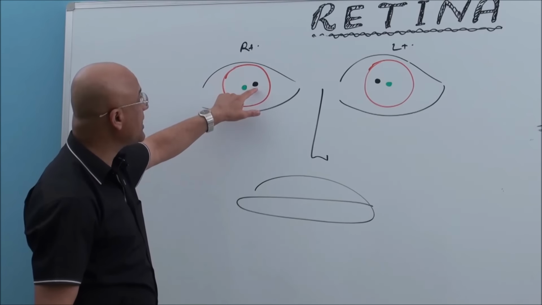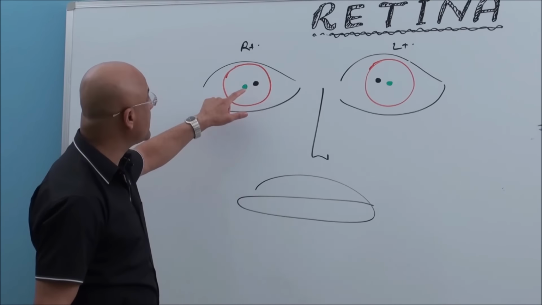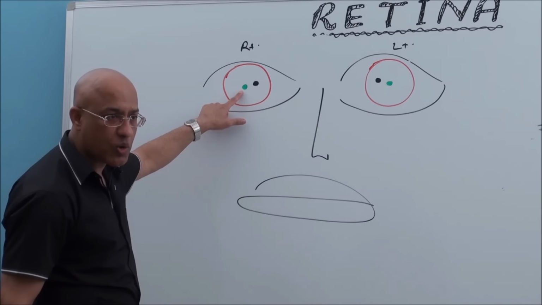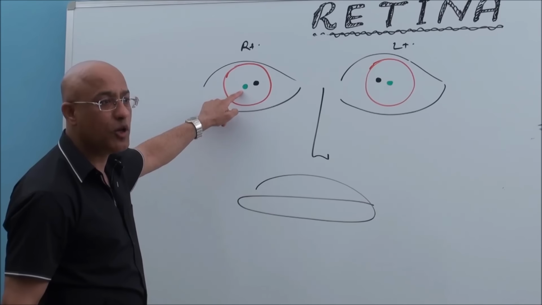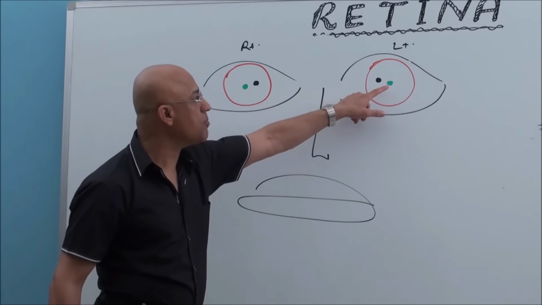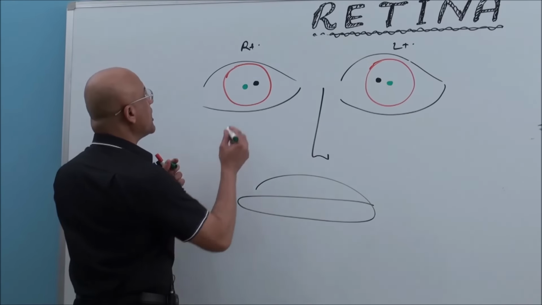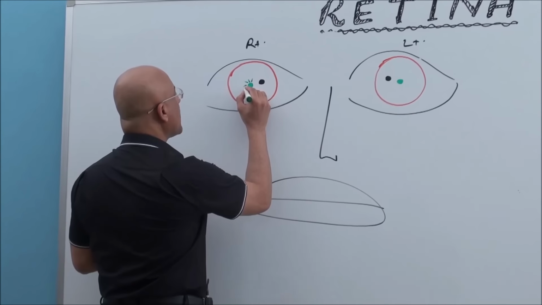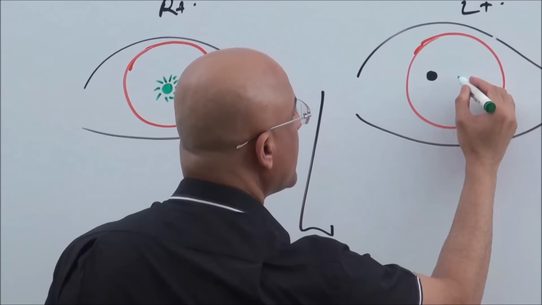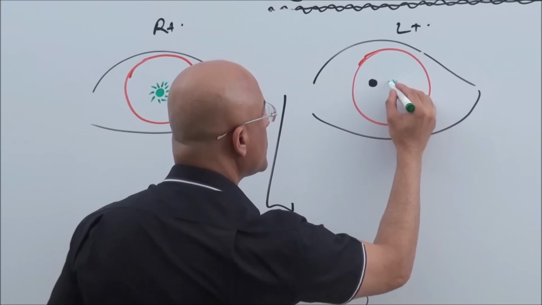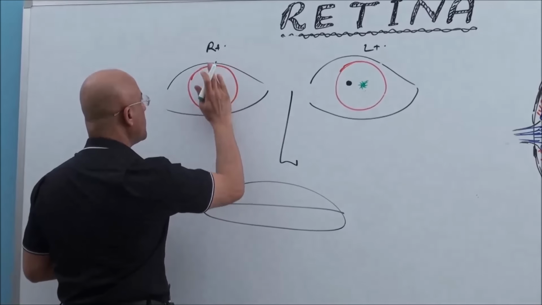Remember, the optic disc is pale, light colored, but this area is yellow. This yellow area is called the macula lutea. What is it called? Macula lutea, right? This macula lutea does not have sharp margins, right? Okay, I will make it here too.